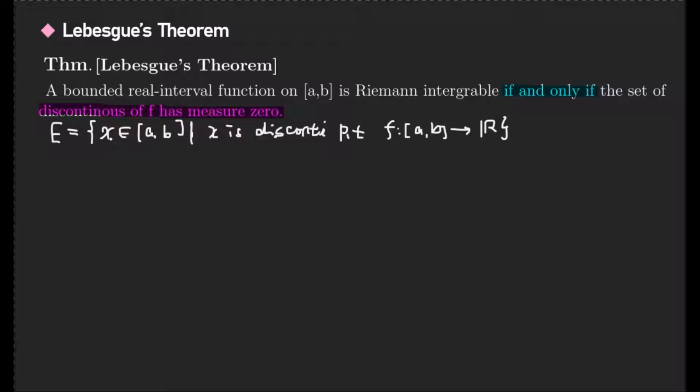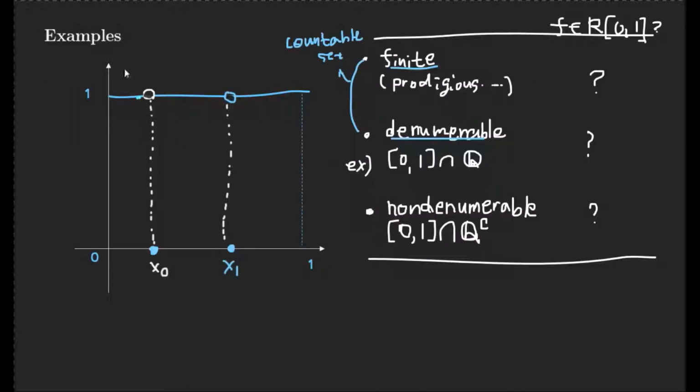The proof is very complicated for this lecture, so I omit it. But rather than the proof, the application is more important. For example, if we know this theorem, we can answer the question.